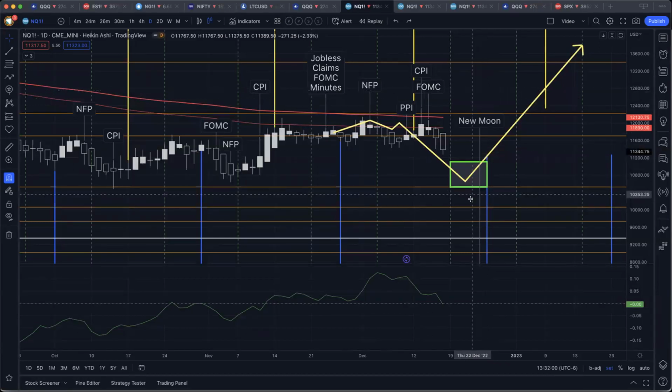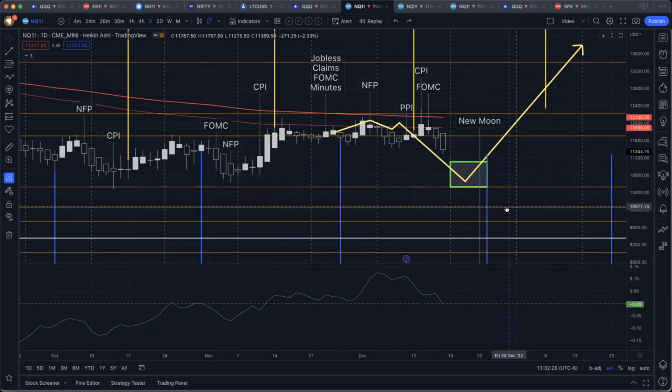So I still like the idea of one low next week, but I think there's also an argument to be made for a second low as Mercury continues to decelerate the following week. So the week after Christmas, I think that we might see a second low here. It could be around the same level, could be a lower low.